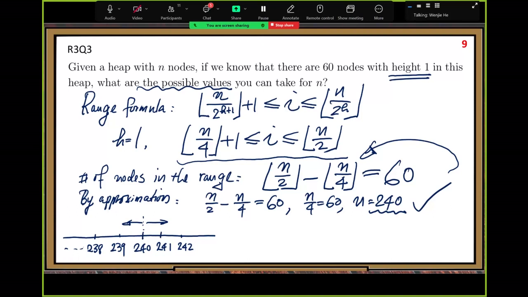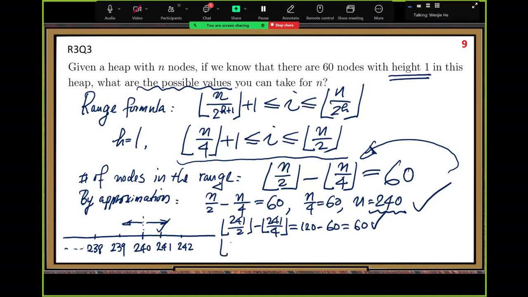So here, let's do 241 over 2 minus 241 over 4. Let's see what this number is. 120 minus 60 equals 60. Yes, it is a solution, so 241 is good.